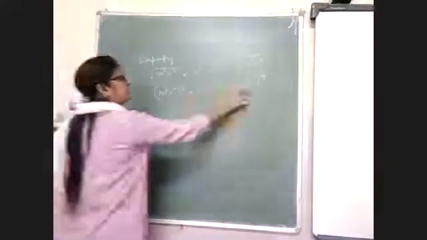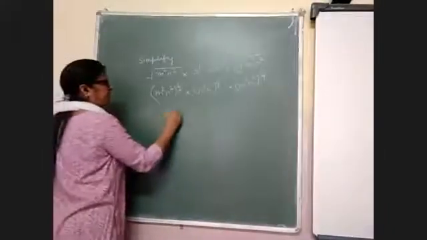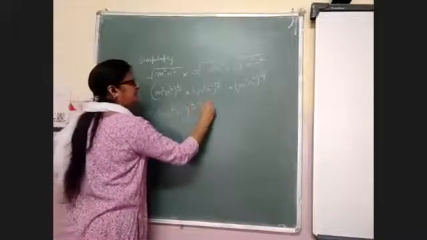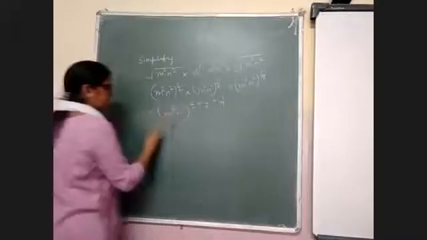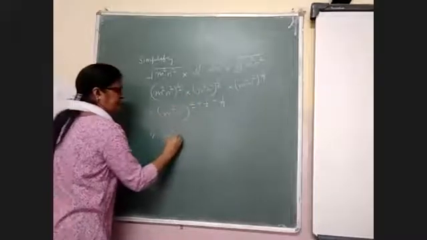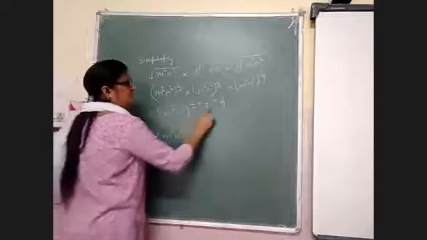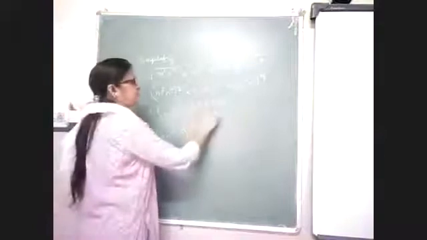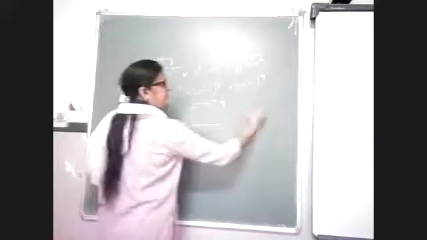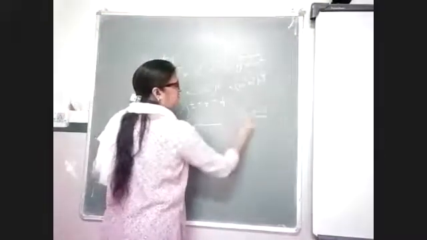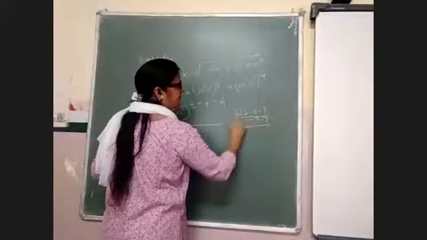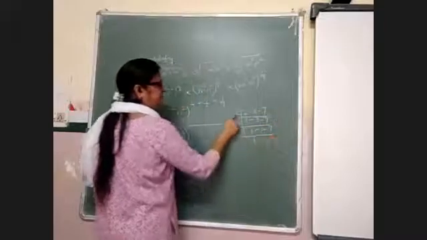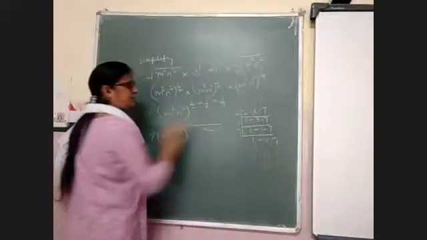Now the bases are equal, so the powers are added together: 1 upon 2 plus 1 upon 6 plus 1 upon 7. You take the LCM. What is the LCM of 2, 6 and 7? 2 ones are 2, 2 threes are 6, and 7 threes are 21, 2 twenty-ones are 42. Okay, 42.